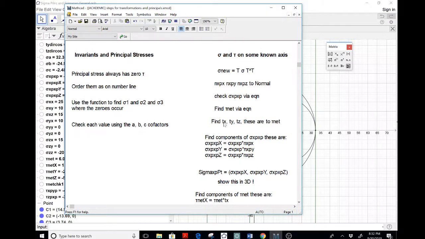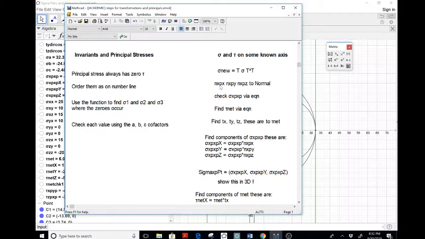So the T's are the direction cosines to the tau net. The N's, the way I like to do it, and you don't have to do it this way, you could use L, M, and N if you want, but I'm going to use L, M, and N for the direction cosines of the principals.